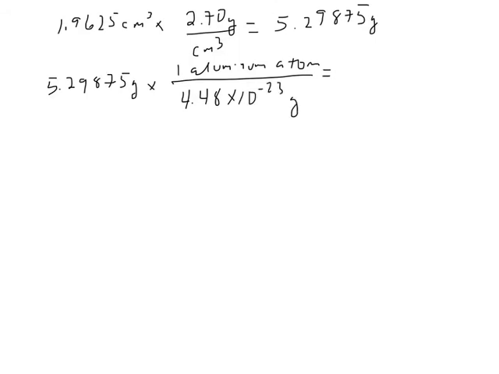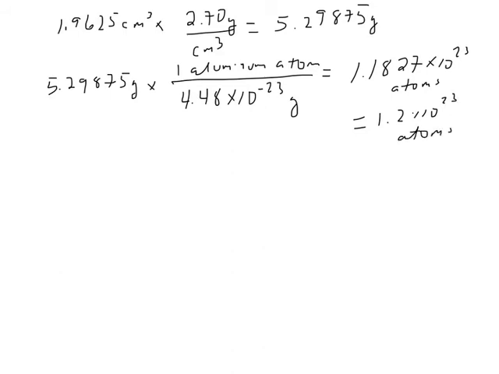And so when I do this, I end up with 1.1827 times 10 to the 23rd atoms. Or, following significant figures, when we round at the end to two significant figures, because we had the 0.25, we have 1.2 times 10 to the 23rd atoms.